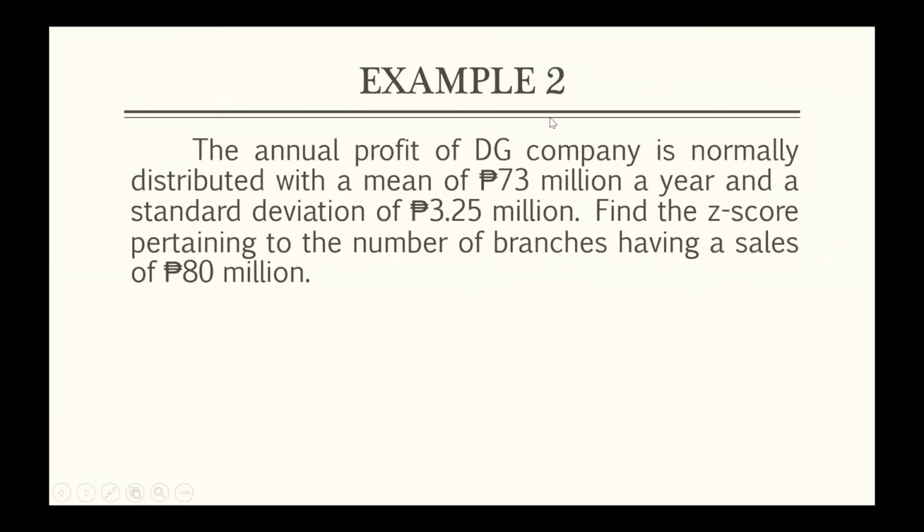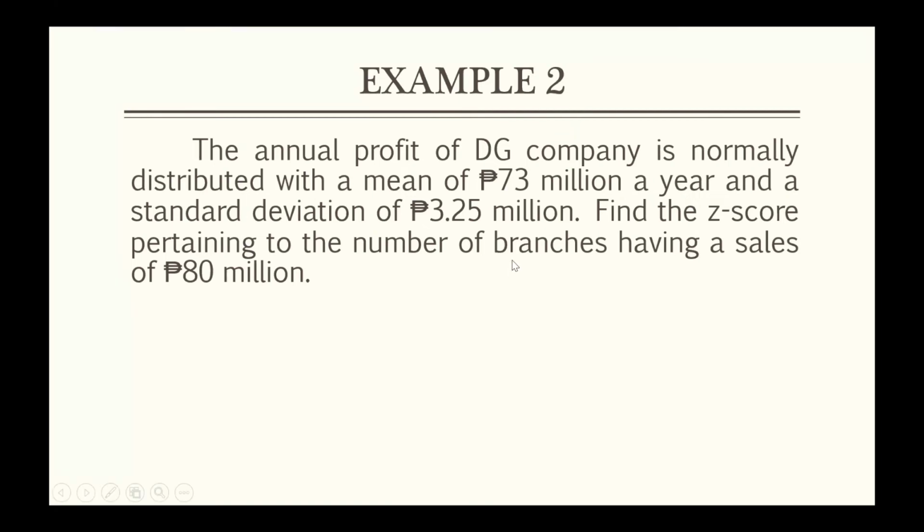Example number 2, a word problem. The annual profit of DG Company is normally distributed with a mean of 73 million pesos a year and a standard deviation of 3.25 million pesos. Find the z-score or the standard score pertaining to the number of branches having a sales of 80 million pesos.